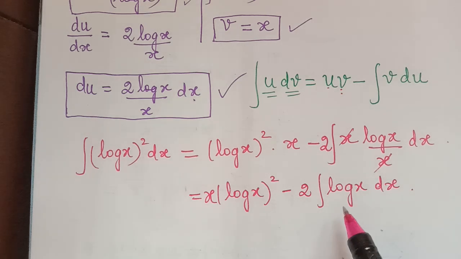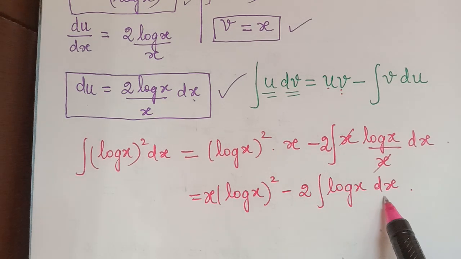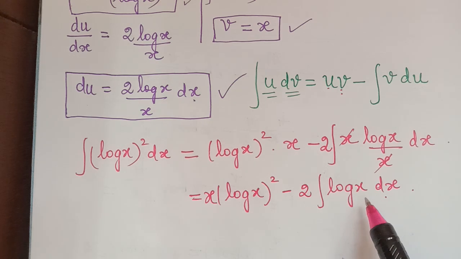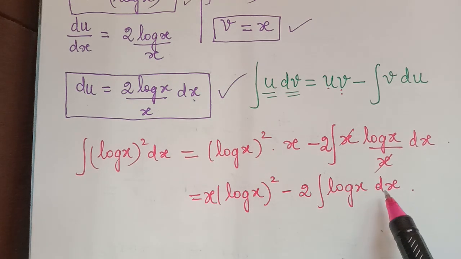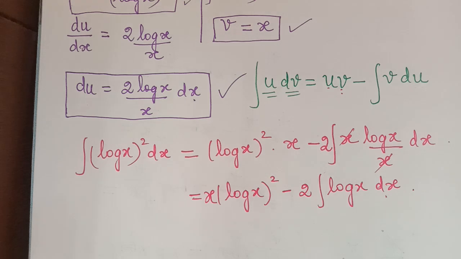So now the question here is we have to find the integral of log x dx. But do we have a formula for log x dx? We have to again use the method of integration by parts to evaluate this integral log x dx. This has been done as a problem in one of the previous lectures. If you go and check, you will find it. But still I will do this again here in this video lecture.